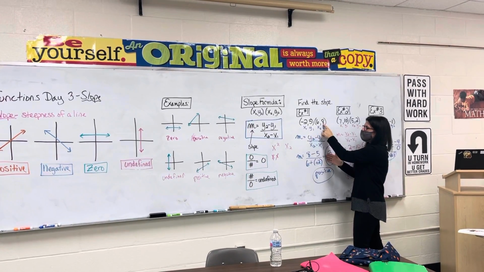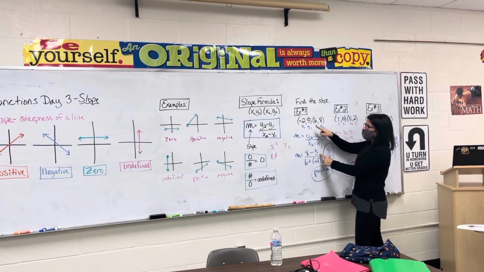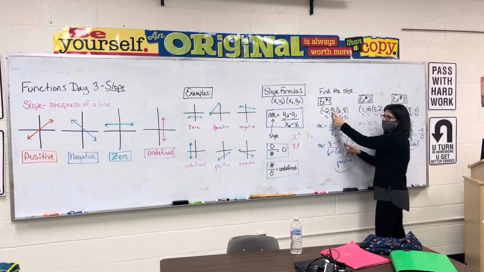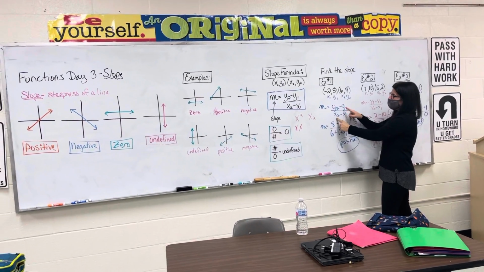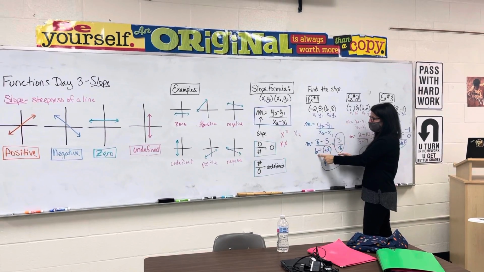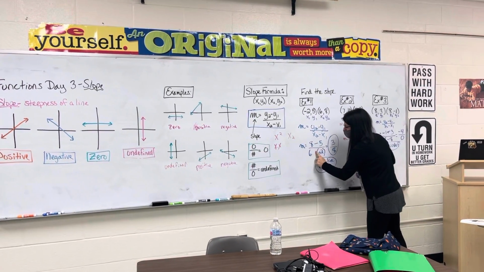y2 is 8, I wrote that, minus y1 is 5. So that numerator is y2 minus y1, 8 minus 5. The denominator is x2 minus x1. So it's 6 minus negative 2. The original, let me go back.